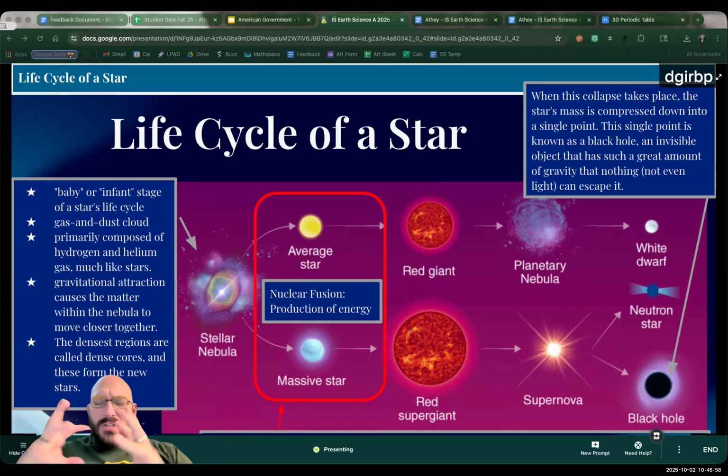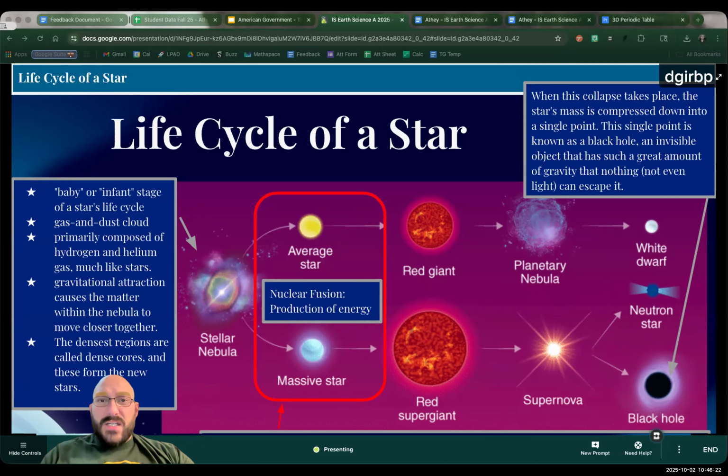So matter starts pulling together, right? That's gravity. Anytime there's matter, anytime there's stuff, you have gravity. And it pulls in until there's enough pressure and energy to smash together or fuse elements. It's going to smash together the smallest ones first.